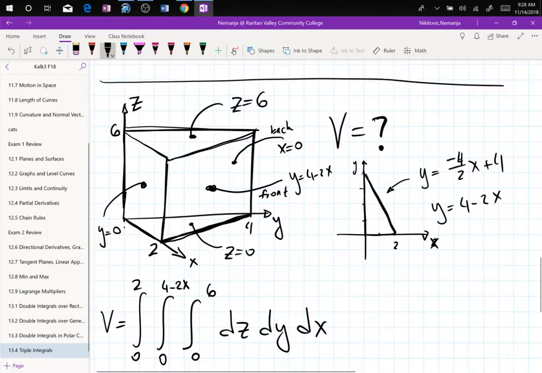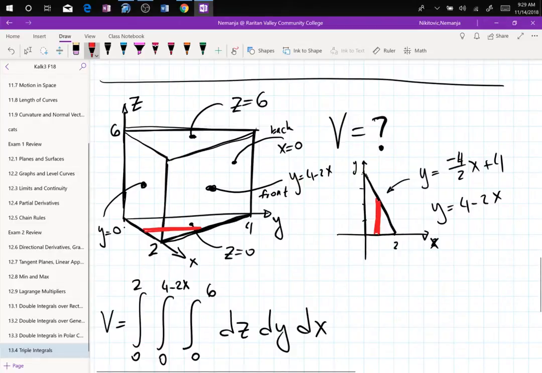Now, if I am to draw, look at this. I'm going to draw with the red a representative rectangle on the bottom, on the triangle. So ignoring z, because z is very easy, right? Flat on the bottom, flat on the top, 0 to 6. Ignore z. We're technically setting up a double integral, and then we're just going to put another one for z's.